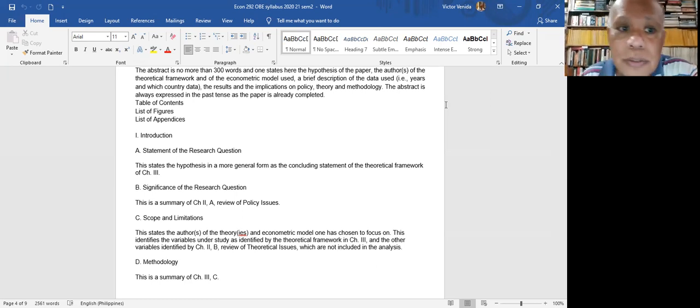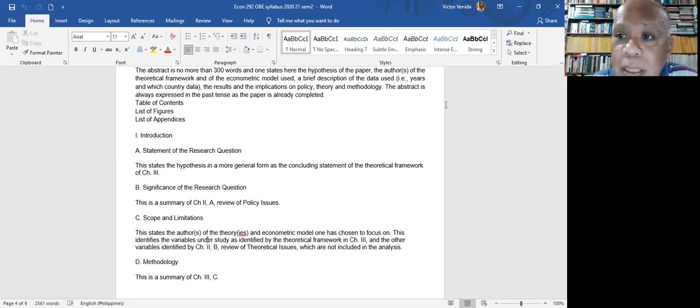Okay, so you made a statement of the research question, in which case you would need to make some modification perhaps from your original research question, because the research question here now is the statement of the hypothesis that you ran in more general terms. Okay. Then the significance of the research question is a summary of your chapter 2, section A, the review of policy issues.